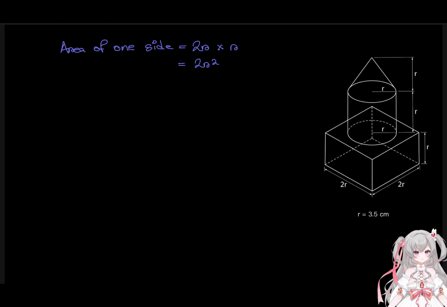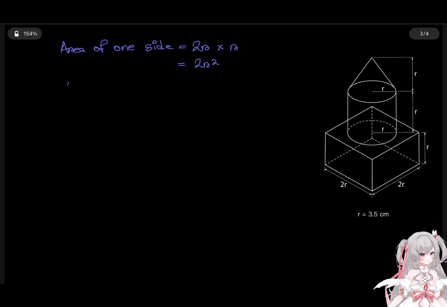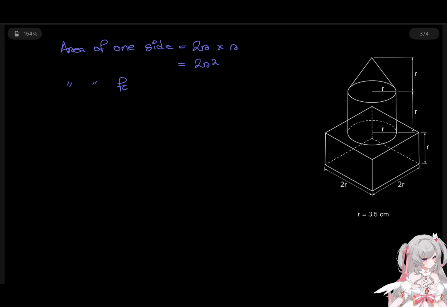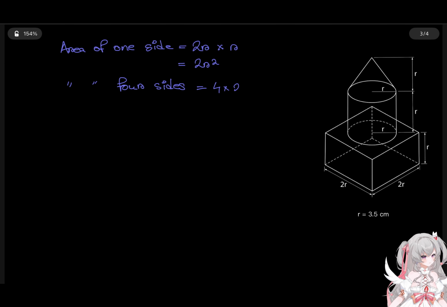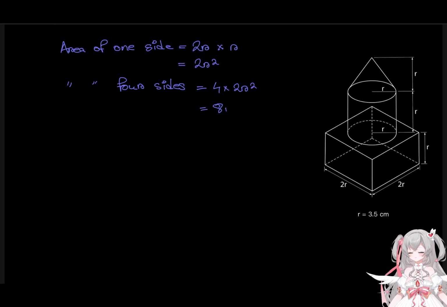We can now see that there are 4 sides of this prism. So if we multiply them together, then we get the area of 4 sides, which is 4 times 2r squared. And it gives us the value 8r squared.